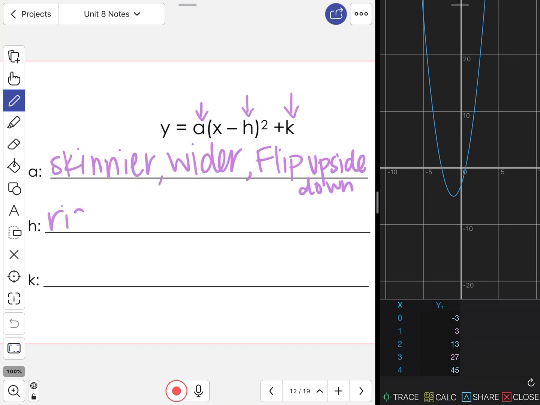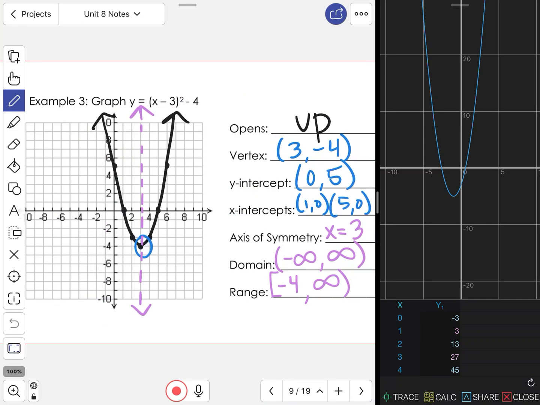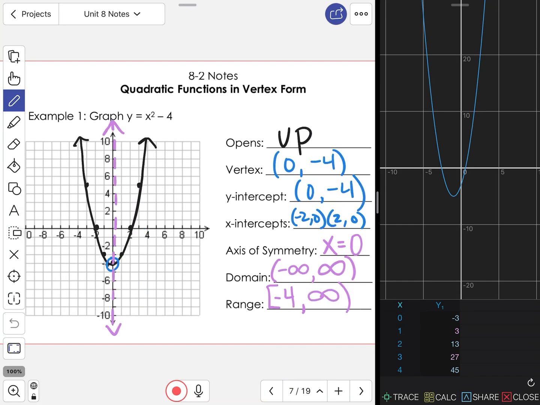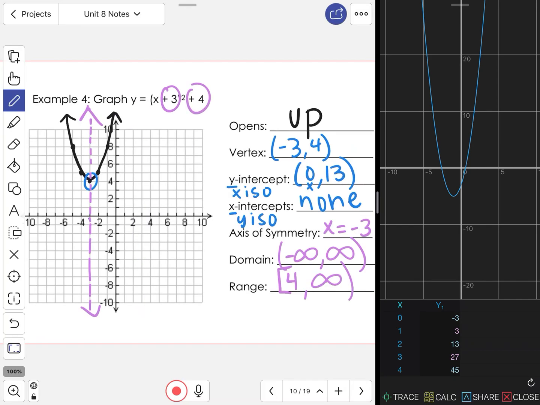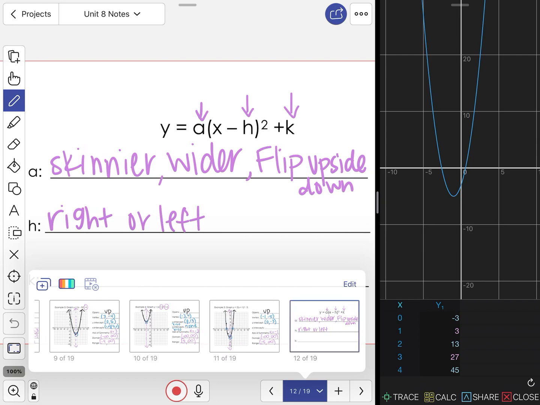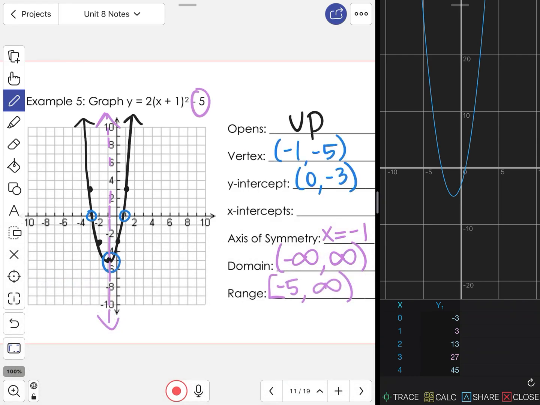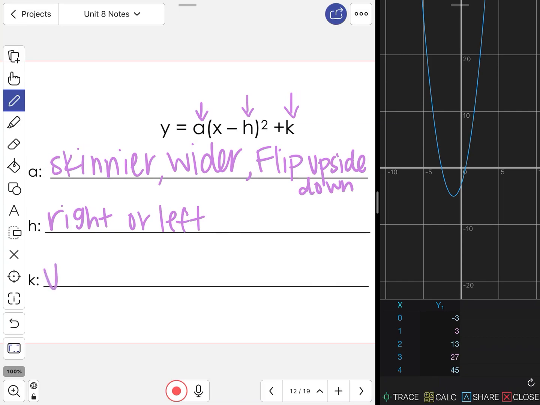So it looks like that H can make our graph go right or left. If we had something on the end, like we had this one, we moved down. This one, we moved down as well. This one, our graph moved up. And this one, our graph moved down. So it looks like our graph can go up or down whenever there's a number added or subtracted on the end.